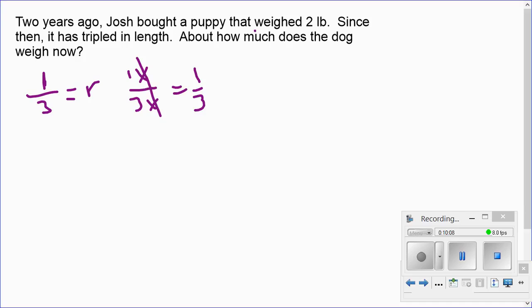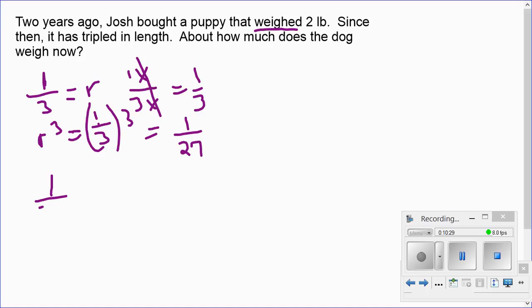We're talking about weight. So we know that we're going to need R cubed. So we're going to take 1/3 and cube it. 1 cubed is 1, 3 cubed is 27. So R cubed is 1/27. So now we can set up our proportion. We have our weight ratio, and we know that the dog weighed 2 pounds.